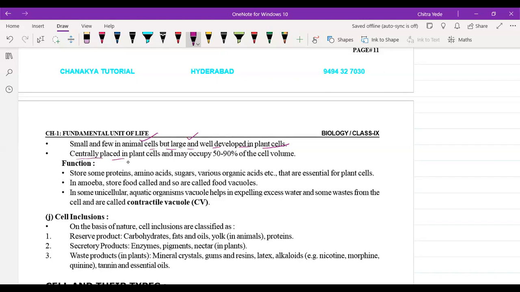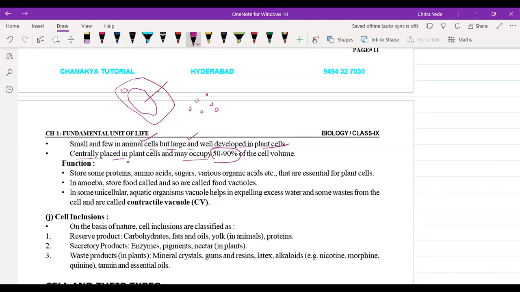Centrally placed in the plant cell, the vacuole may occupy 50 to 90% of the cell volume. In animal cells, they are present in large number but smaller in size. But in plant cells, it is very large in size. Here we have the nucleus, and this is the vacuole, very large.